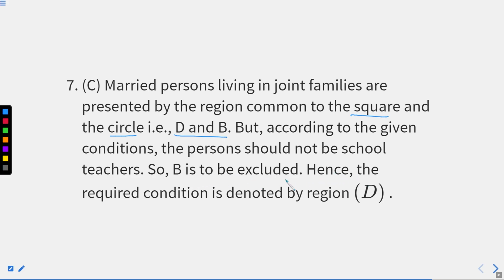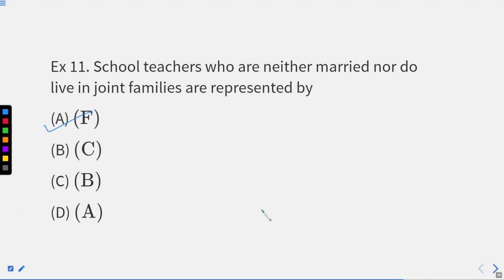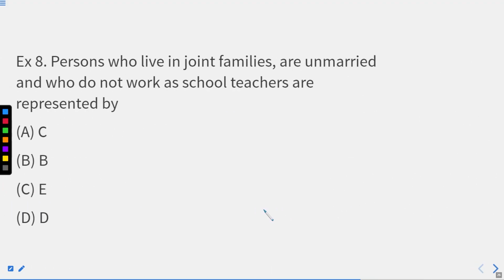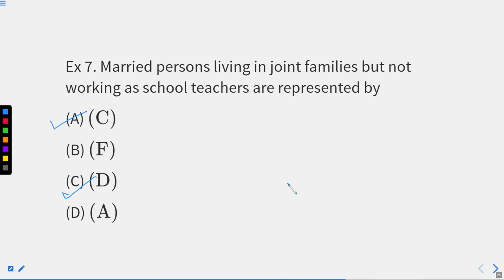Hence, the required condition is denoted by the region D. I have already explained this part in the previous slide, right? If I go back to question number 7, now you know what we did here, right? D is our answer, right?